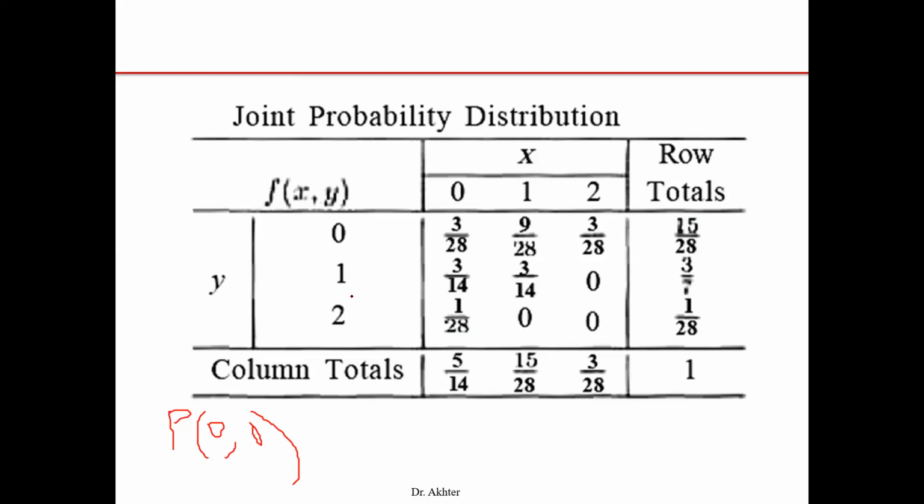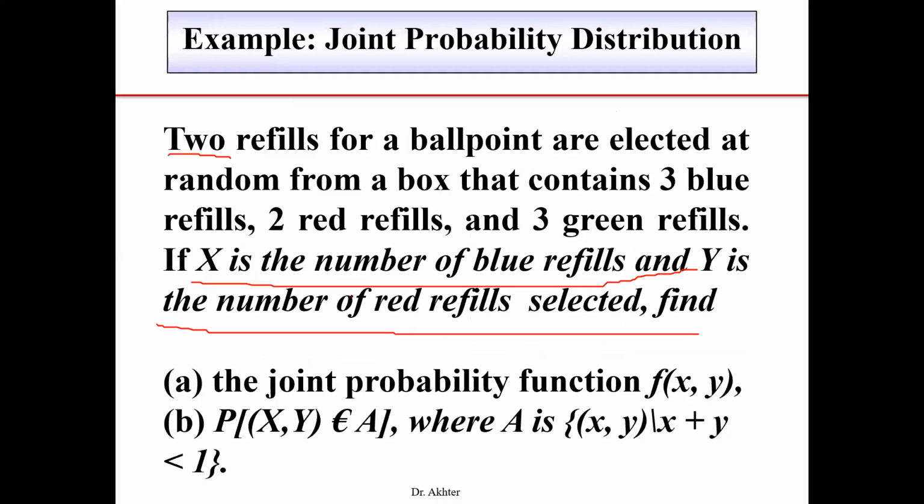So if someone is saying that 2 refills are selected in which we have neither a blue refill nor a red refill, it means what? We have both selected refills green.